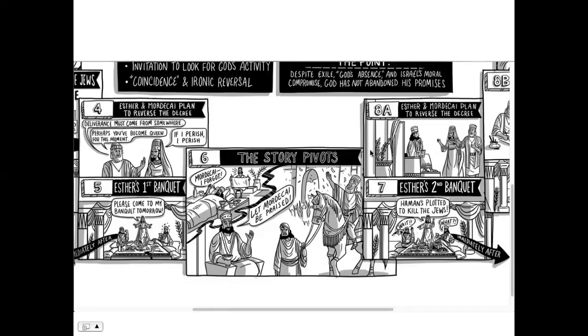When you look at chapters 4 and 8, Mordecai and Esther start thinking about what they can do to turn the decree around and not have all the Jews killed, and you'll see that paralleled on the other side. It's out of the view of the window, but right here where you have the little arrows, you would have the gallows that Haman builds to hang Mordecai on.